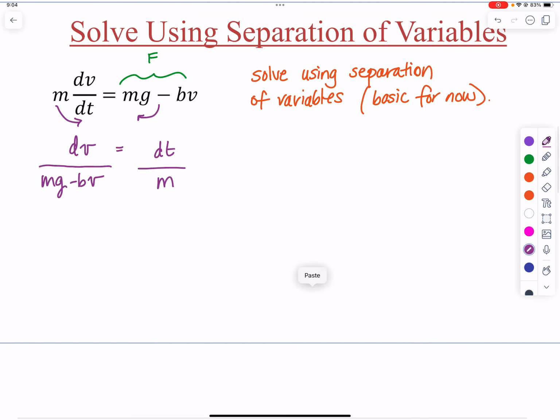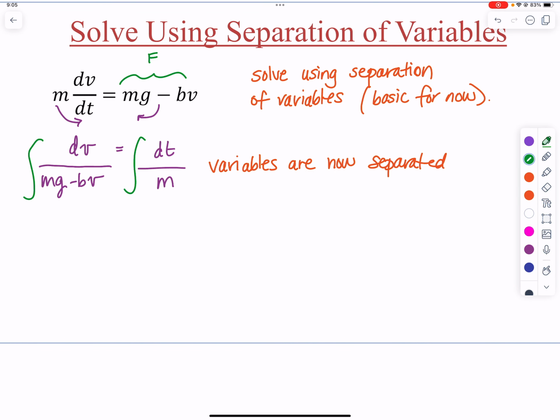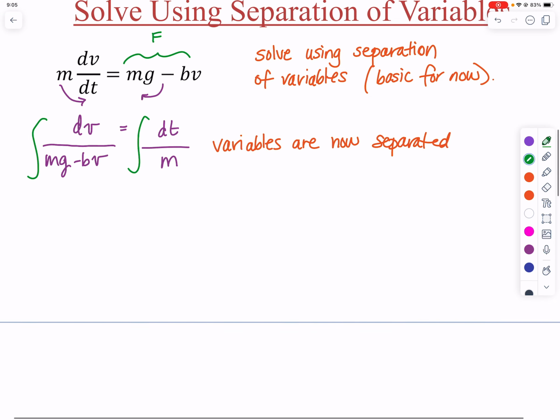So now that we have separated our variables, we will go ahead and integrate both of those equations separately, okay?